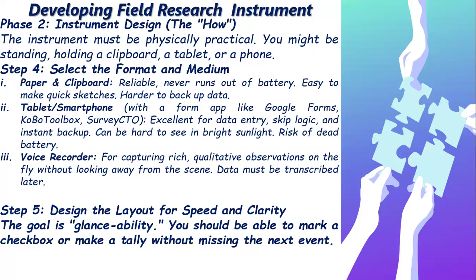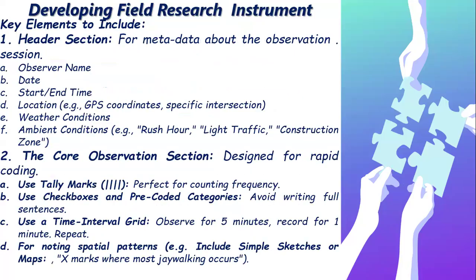Step 5, design the layout for speed and clarity. The goal is usability. You should be able to mark a checkbox or make a tally without missing the next step. Key elements to include.